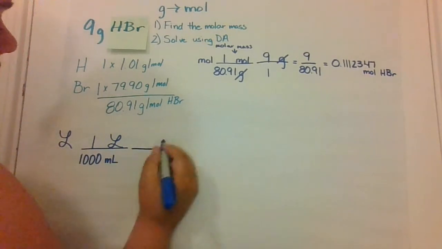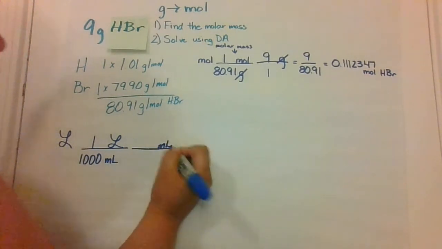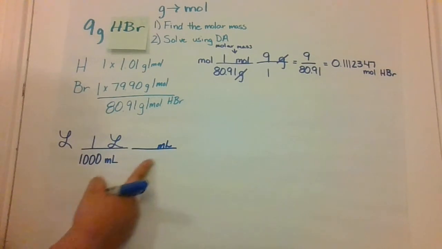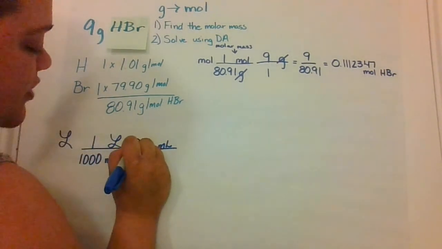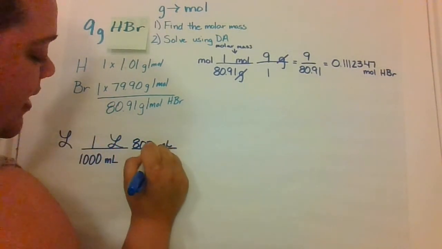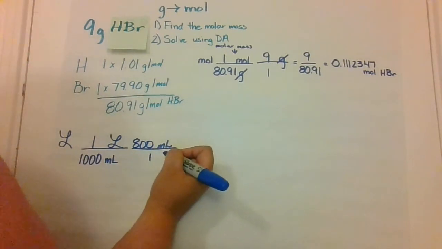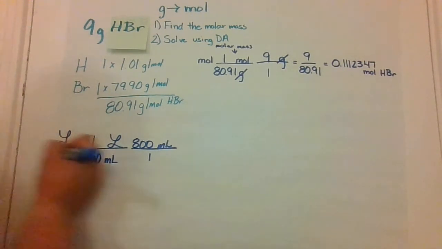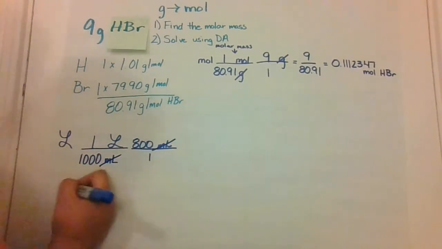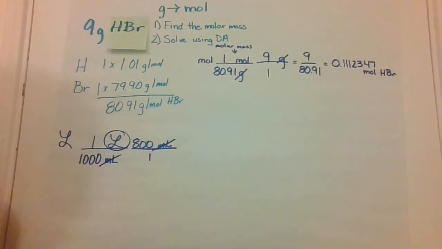Once again, we draw our next line. Whatever unit is on the bottom preceding goes right there on the next line. And in our problem, what mL were we given? We were given 800 mLs of a solution. So now we're going to go through crossing out our like terms. We're left just with liter, which is what we needed.